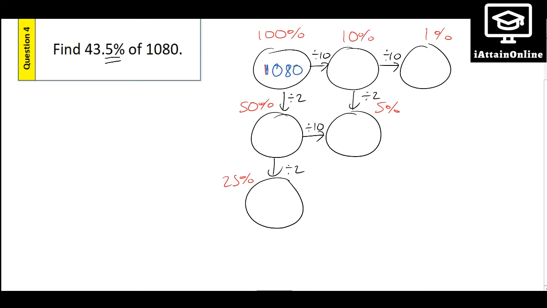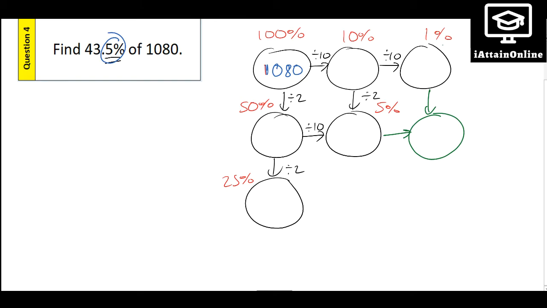Now you'll notice that the 0.5% bit is not in that bubble method. However, if you were to add, I'll do this in a different colour, you could add another bubble to this. So there are two really important bubbles here. You could add another bubble on the end here.